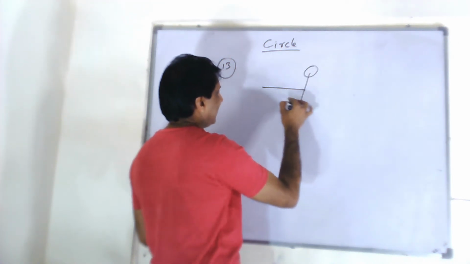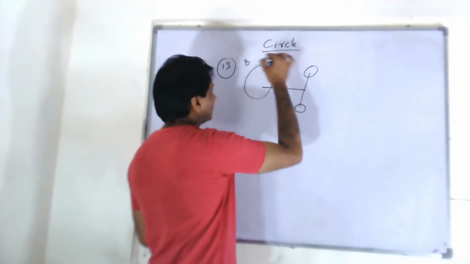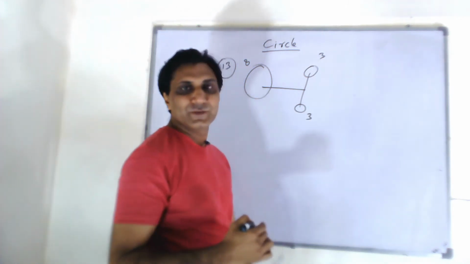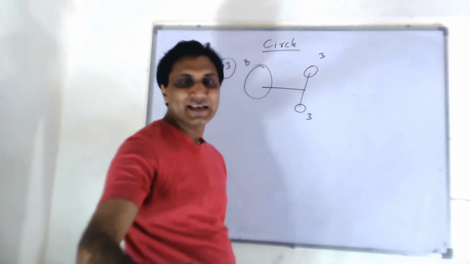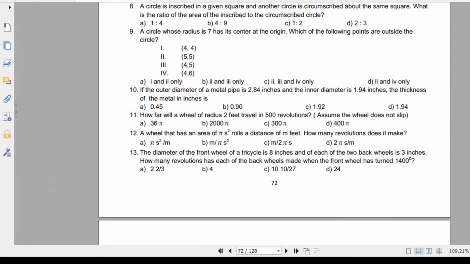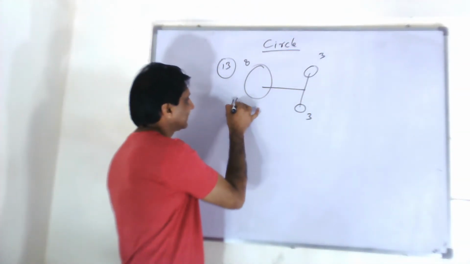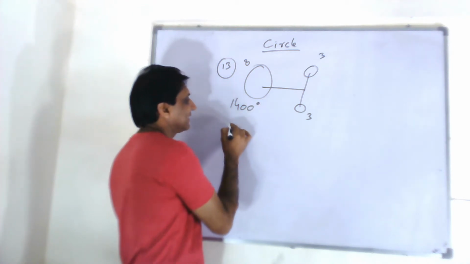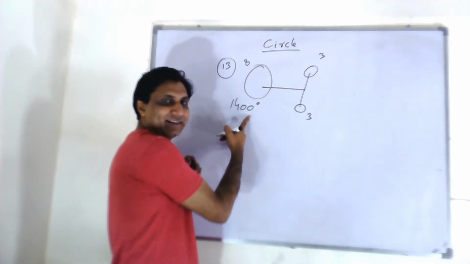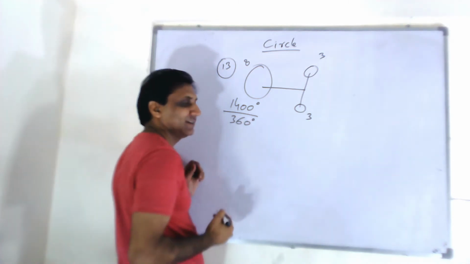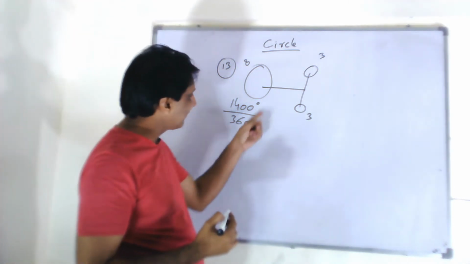These are smaller and this is larger, 8 inches, and these are 3 inches each. When the front wheel turns 1400 degrees, divide this angle by 360, the angle of one revolution, and you will get the number of revolutions.